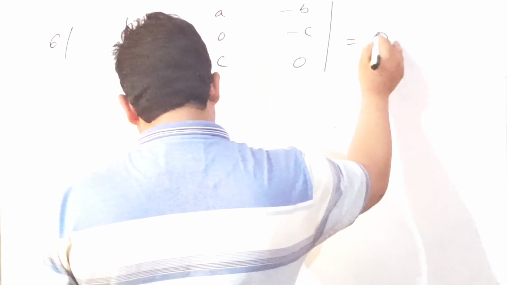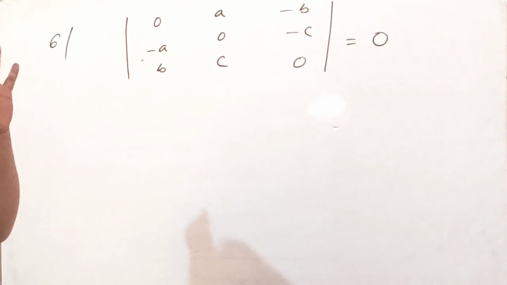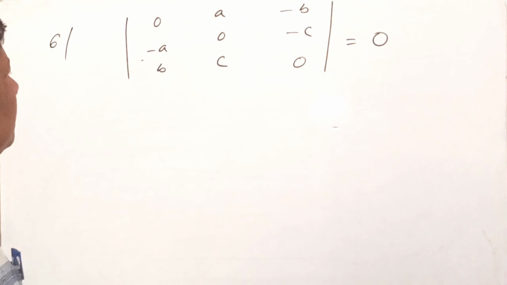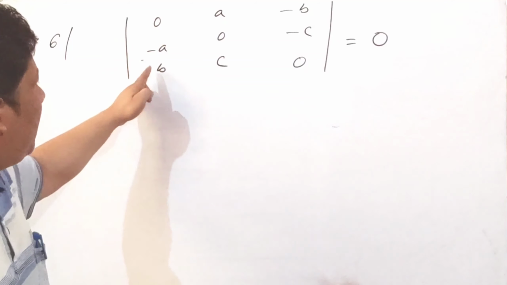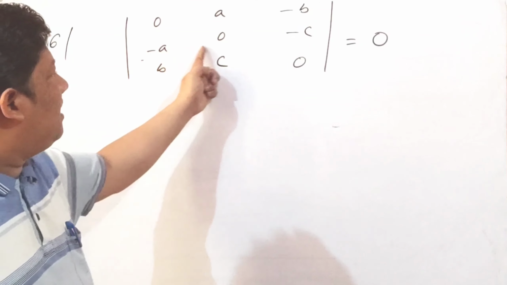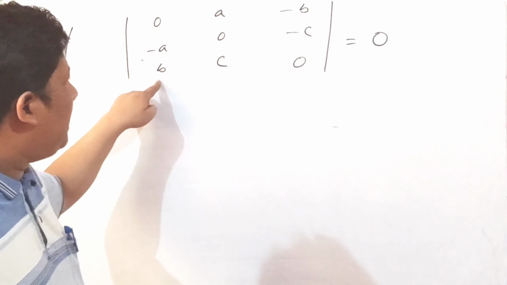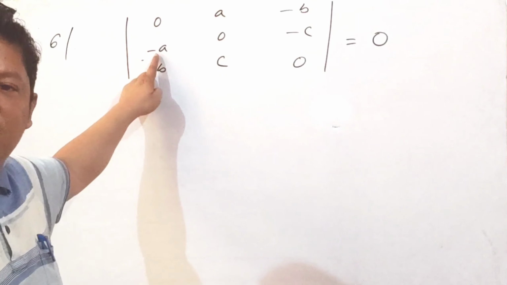You have to prove that this is 0. So look, my students, you have to look at the numbers carefully. If we multiply this line, that means R2 by B and this by A, and you add it, then I think this part will be 0.